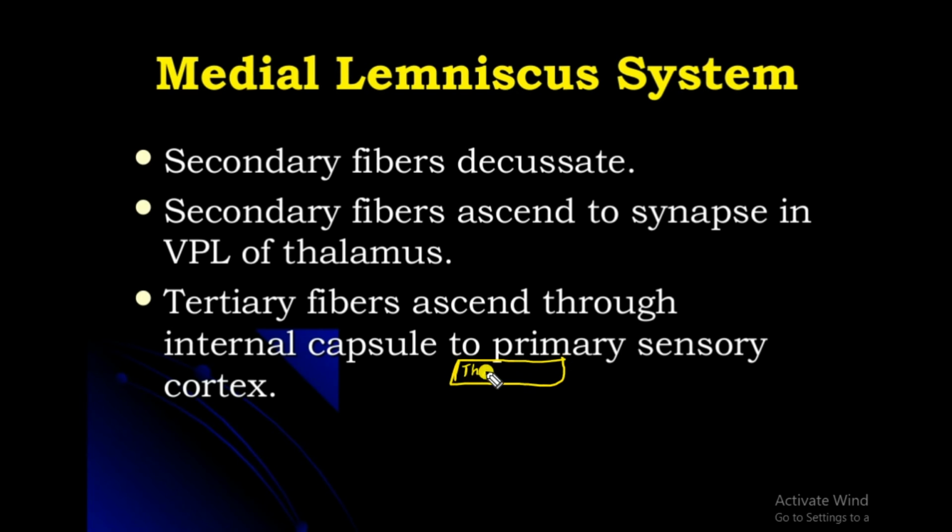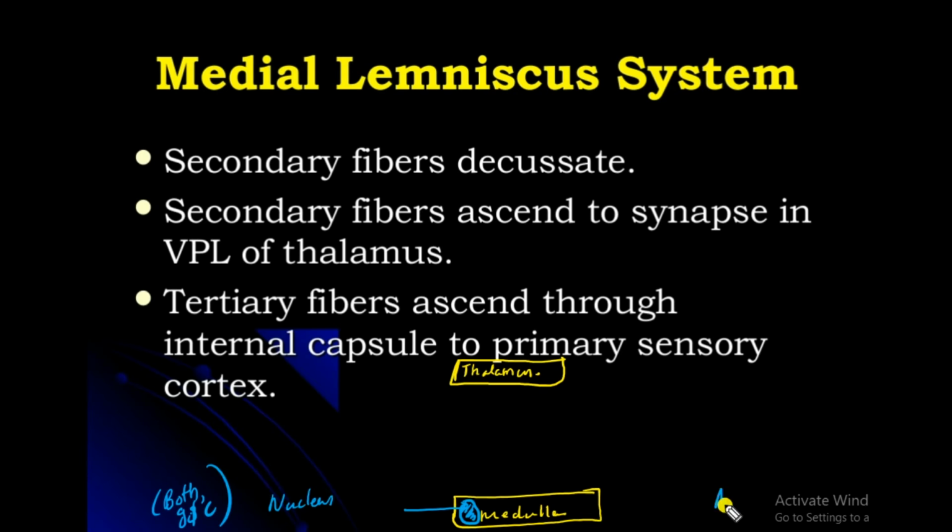So here I am drawing the thalamus, and on the right side you can see the anterior, and on the left side you can see the posterior region. In the posterior region we have the dorsal column. In the posterior region you can see the nucleus, both gracilis and cuneatus, and the second order neurons were present in this nucleus.